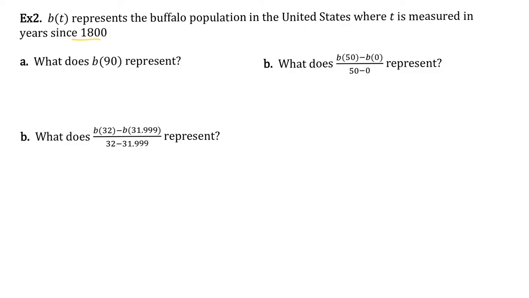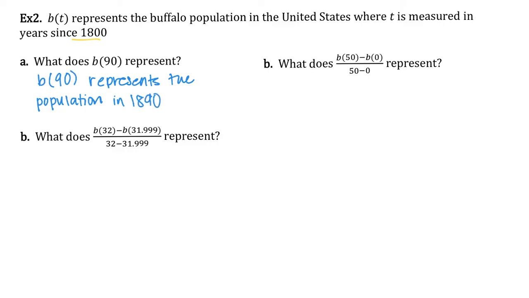B represents the buffalo population, so B of 90 represents the buffalo population 90 years since 1800.